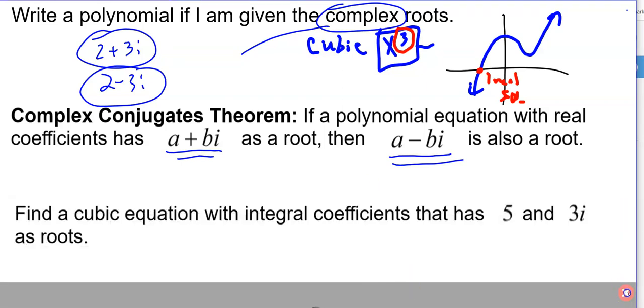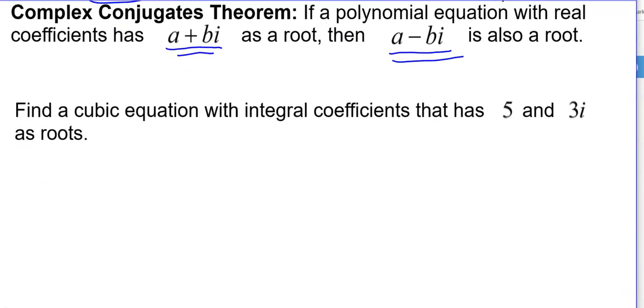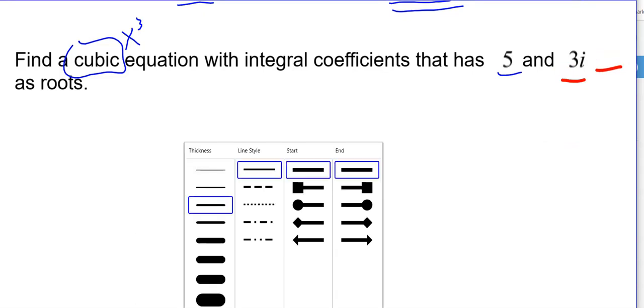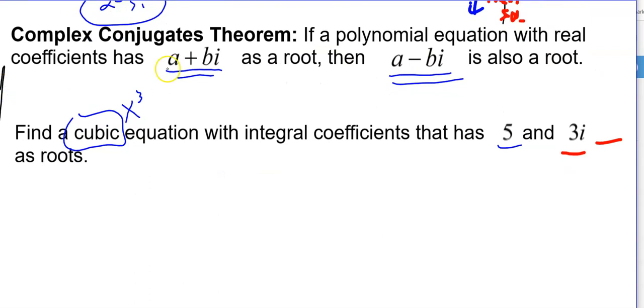So this question says, okay, this is cubic, kind of like the example I just showed. It means it has x to the third, so it has three solutions. Unfortunately, they only give me two of them. They gave me 5, and they said one of them is 3i. But you kind of know the other one, don't you? Imaginary solutions come in pairs. According to the theorem, if one of them is a plus bi, the other one is a minus bi.